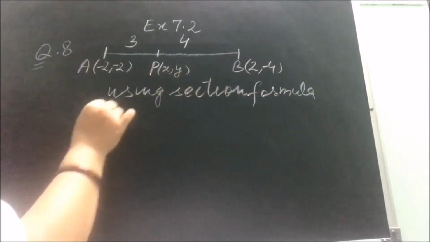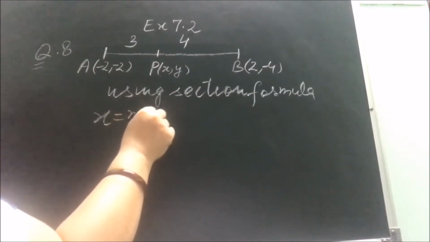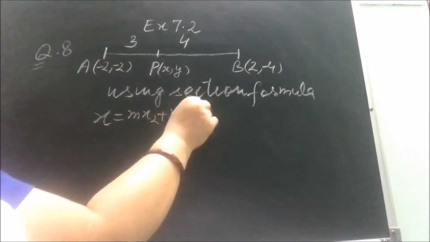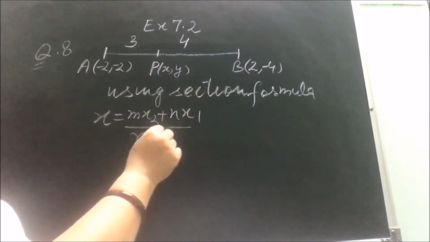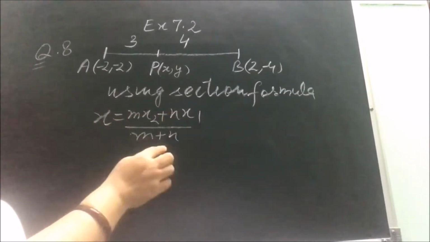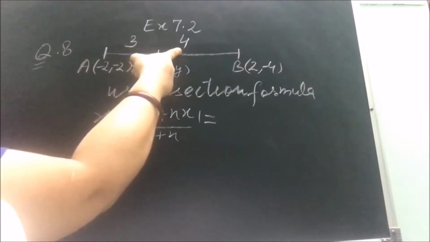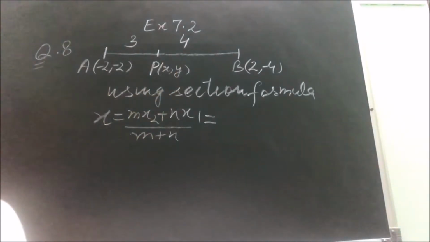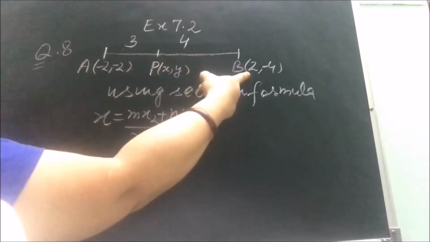What are the coordinates of x? X is mx2 plus nx1 divided by the sum of the ratio, if the ratio is m is to n. So the same we apply. M is 3 here and this is n. It is x1 y1, it is x2 y2.